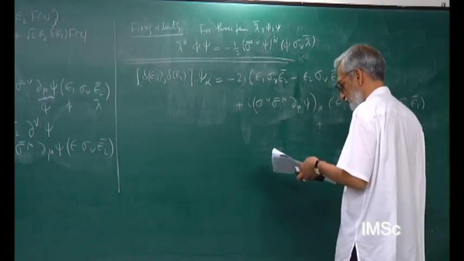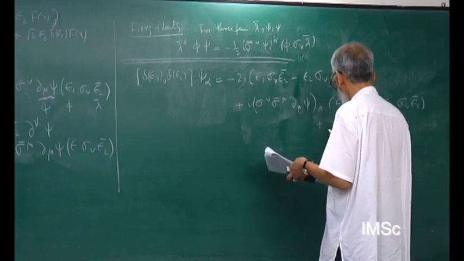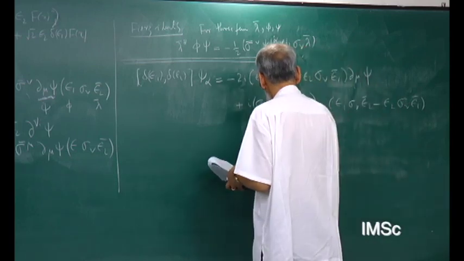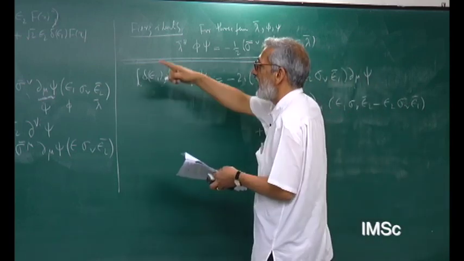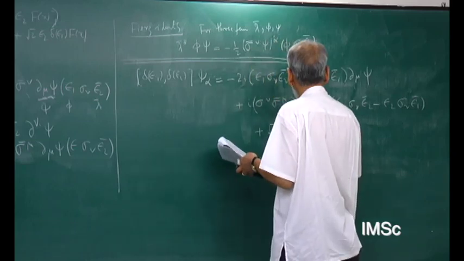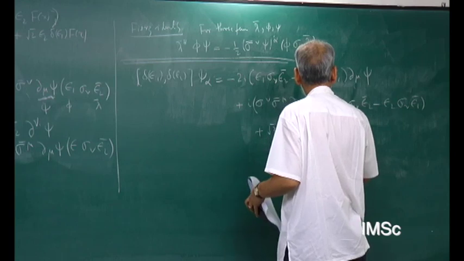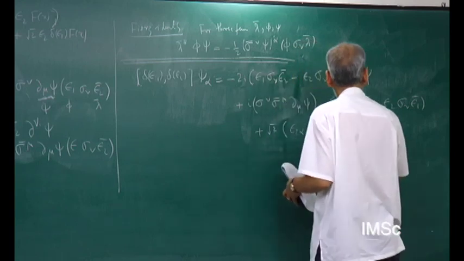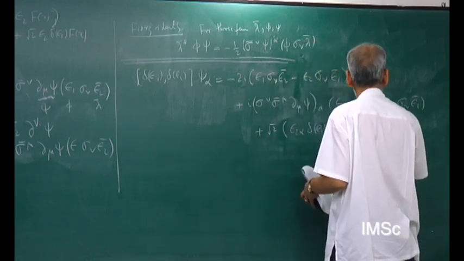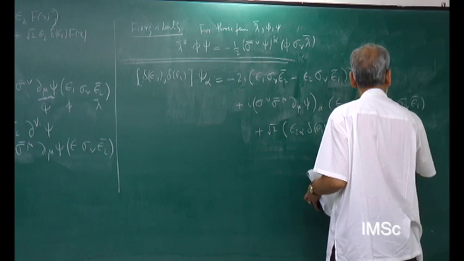Plus root 2, the F terms, epsilon 2 alpha delta epsilon 1 of F x minus epsilon 1 alpha delta epsilon 2 of F x.